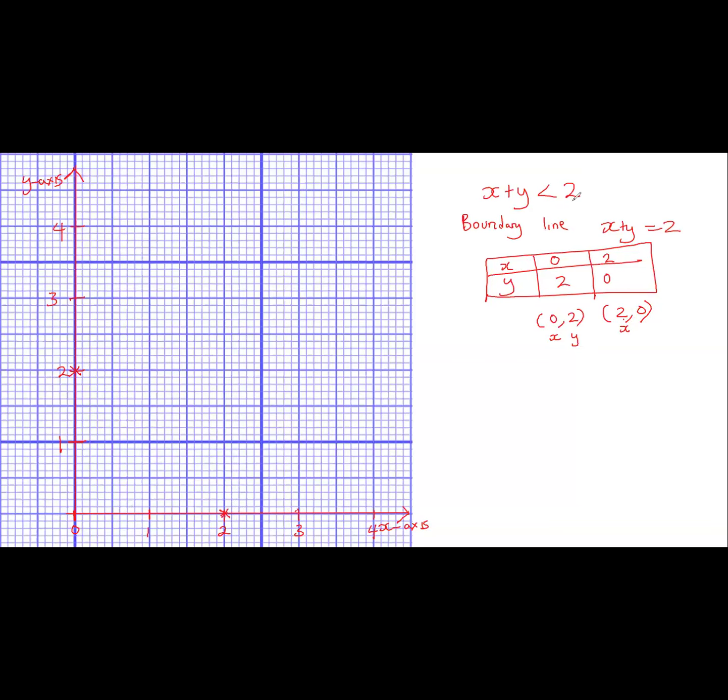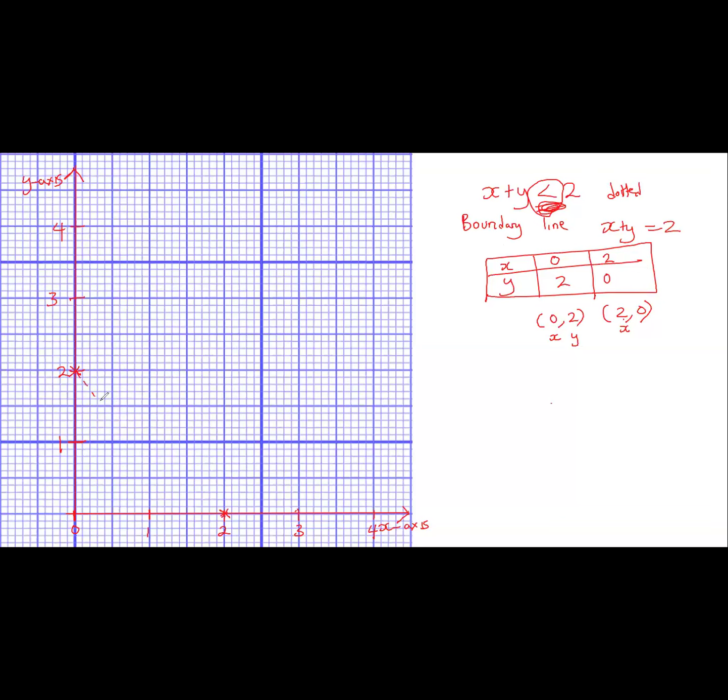Then your next question to ask yourself is, am I going to use a dotted line or a bold line? Look at the inequality here. It is less than, and if it has no equal, it means you are going to use a dotted line. Since I don't have those dotted points, allow me to use my free hand.